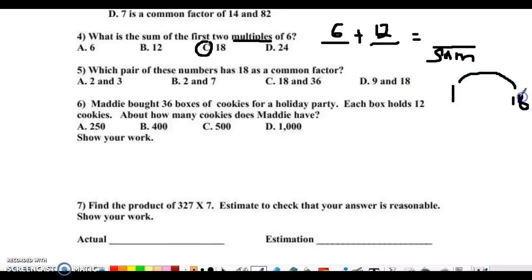That was the strategy we showed the students on how to find factors of 18, which means in this case, I'm not going to have to even check A and B because those are too small. 2 times 3 would get me 6, which isn't close to 18, and 2 times 7 would get me 14, which is closer, but still not 18, which means I need to see if these are common factors of 18 and if these are common factors of 18.